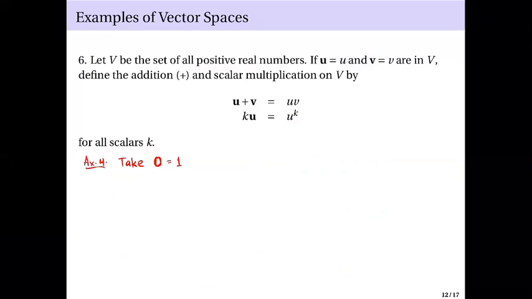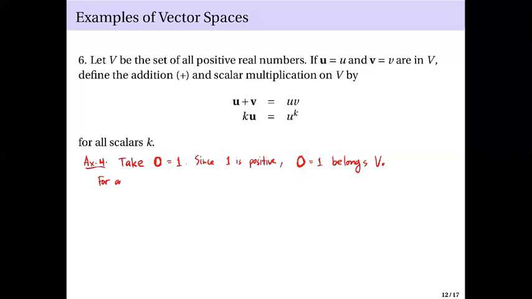It belongs to V. So since 1 is positive, the zero object, which is just 1, belongs to V. So this will be our candidate. Take note, this is boldface 0, so I'm saying it's an object in V. And this one here is the real number 1.